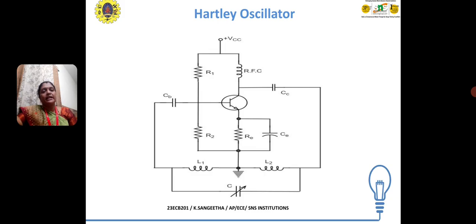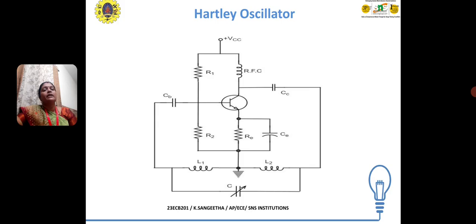On the input side, the capacitor is called CB because it is connected to the base, and the output capacitor is called CC because it is connected to the collector. These capacitors are used to block the DC components. On the emitter side, one resistor and one capacitor, RE and CE, are connected in parallel with each other.